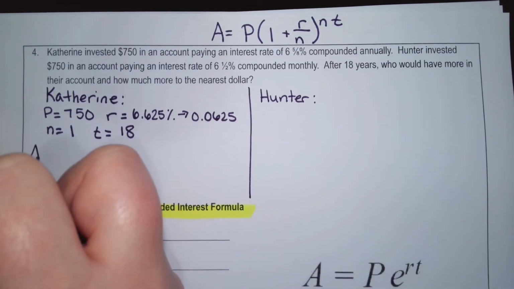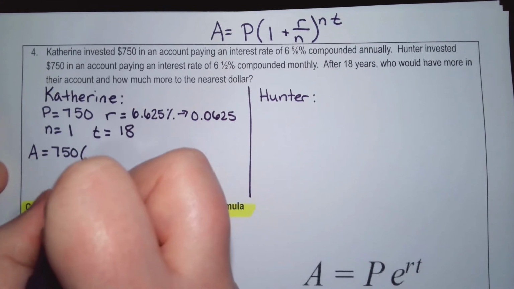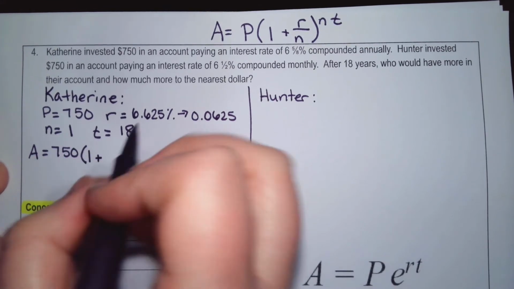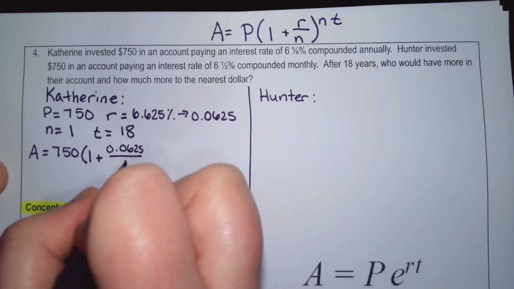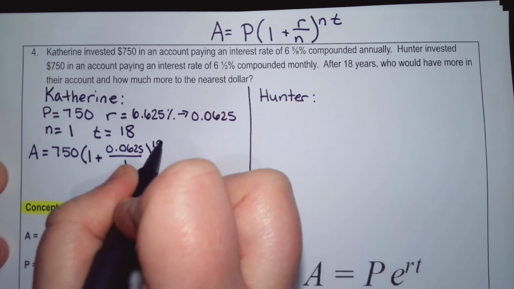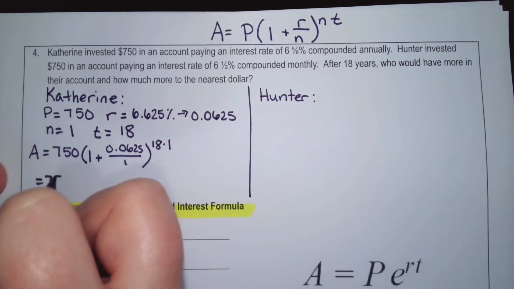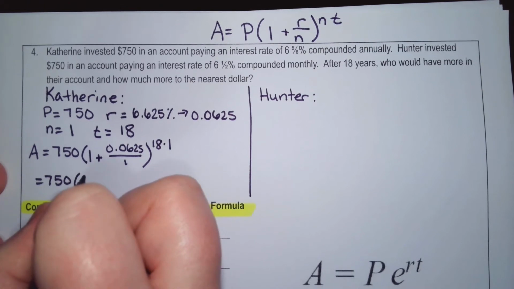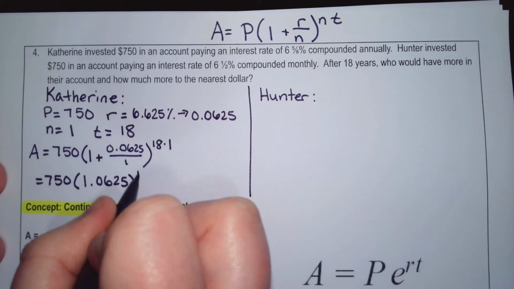So we have A is equal to 750 times 1 plus 0.06625 over 1 to the 1 times 18. So 750 times 1.06625 to the 18.